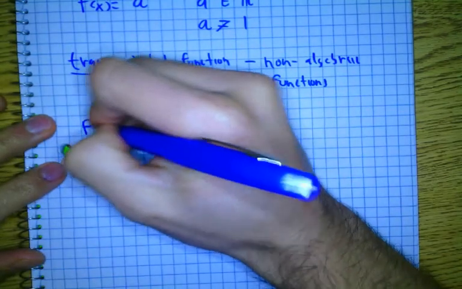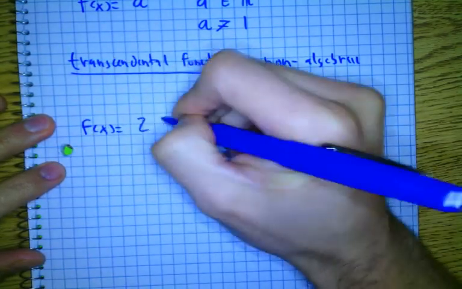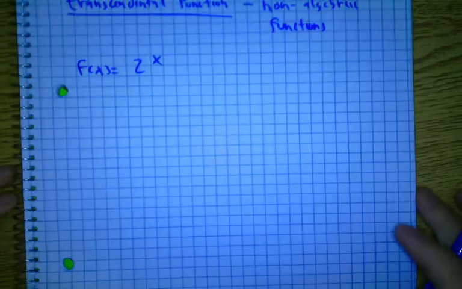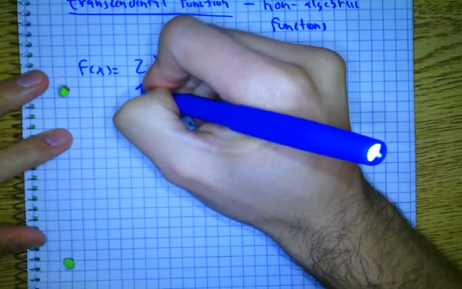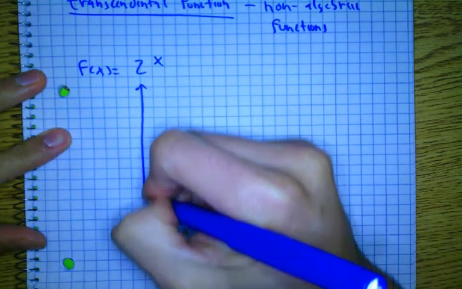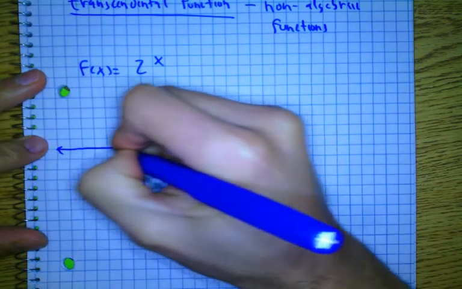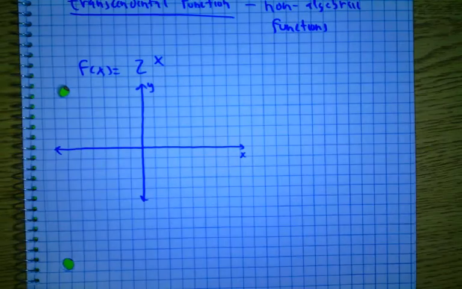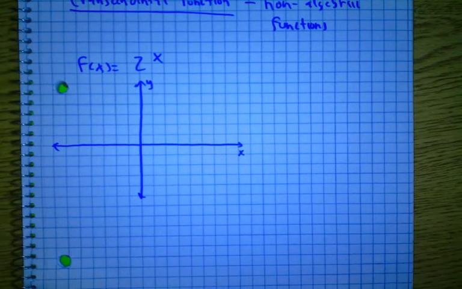Okay? So let's say that I have f of x equals 2 to the x power, and I want to graph this function. So I'm going to very quickly build myself an x and y axis. And I'm going to resort to my skills from Algebra 1 to help me come up with a graph, which is the very first time you learn how to graph: to plot points.